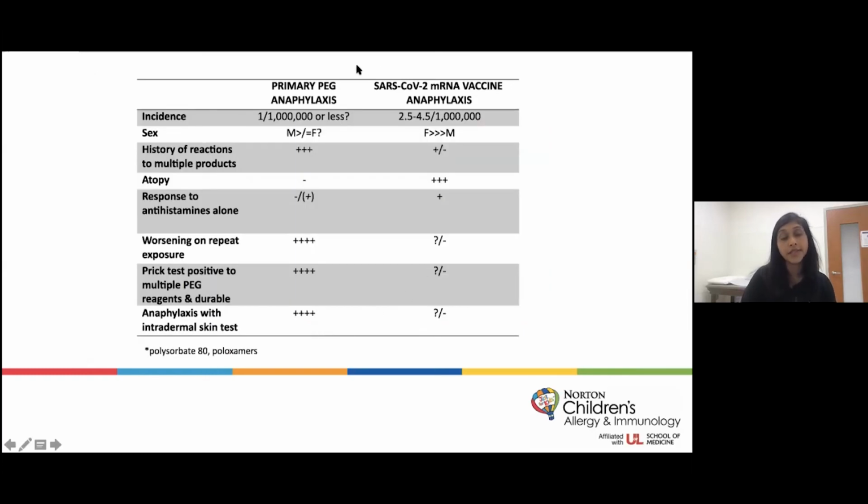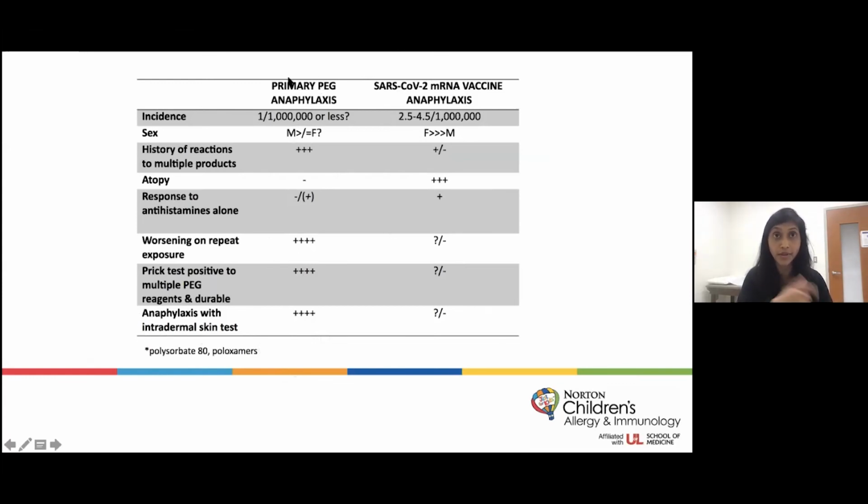A few differences between PEG and SARS-CoV-2 vaccine anaphylaxis. Both of them are rare. PEG is usually more seen in males than it is in females, whereas SARS-CoV-2 vaccine anaphylaxis is more seen in females than males. Again, worsens on repeat exposure. They tend to anaphylax with intradermal skin testing for PEG.